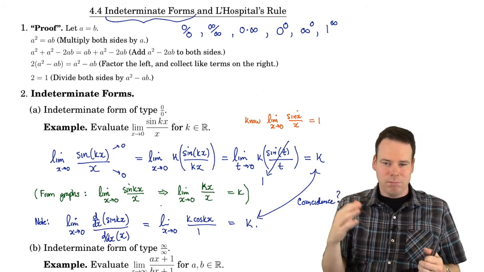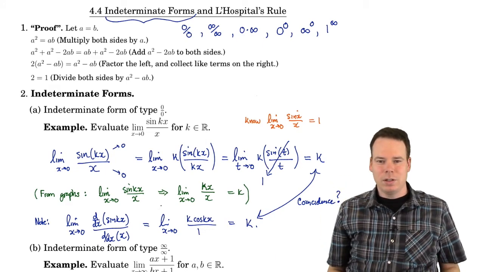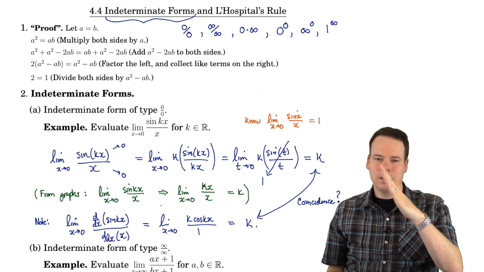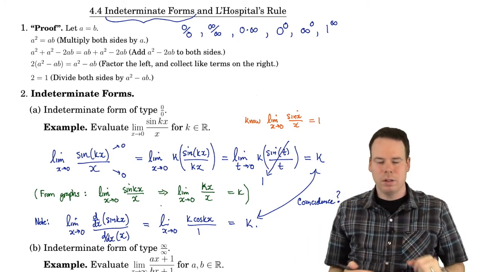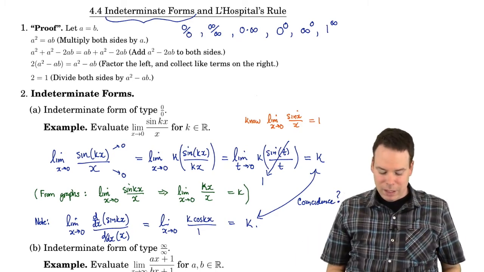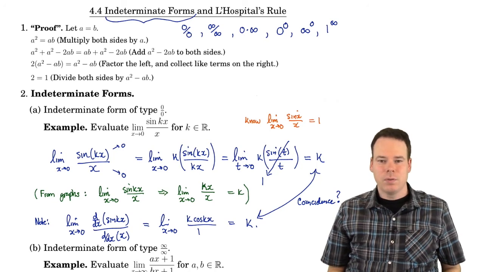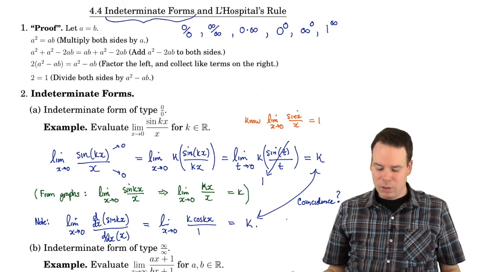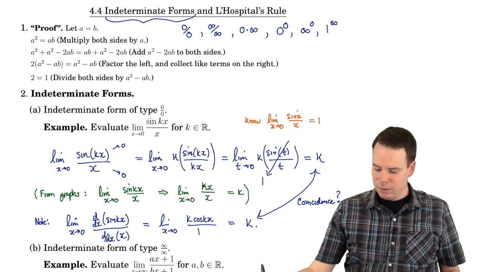I noticed that the sine function can be approximated by its tangent line, so that naturally led to a question about ratios of the rates of change on the sine function versus the rate of change on the line. So that leads me naturally to look at the limit of the ratio of the rates of change, and we get the same result. Is that a coincidence? Well, let's look at another example.